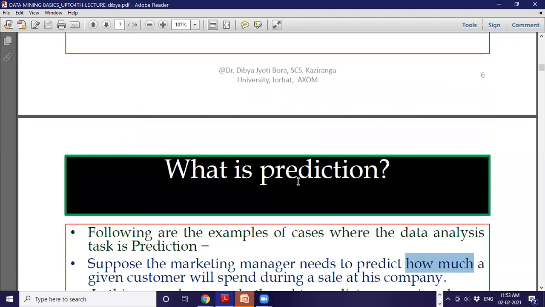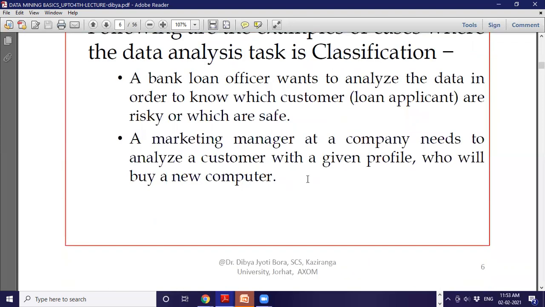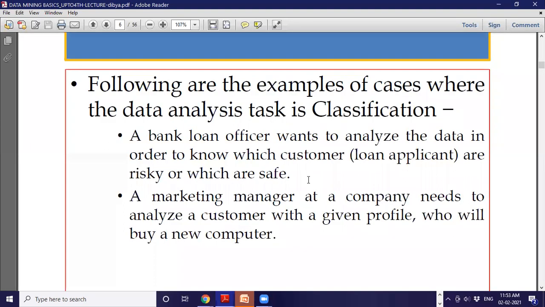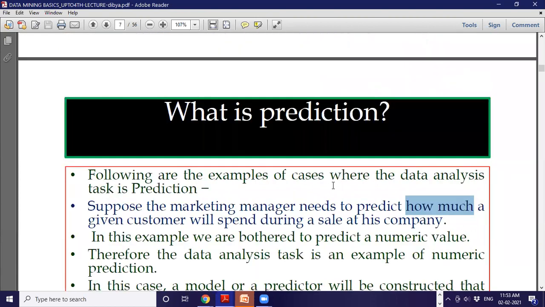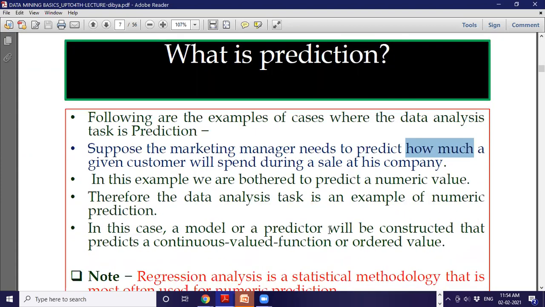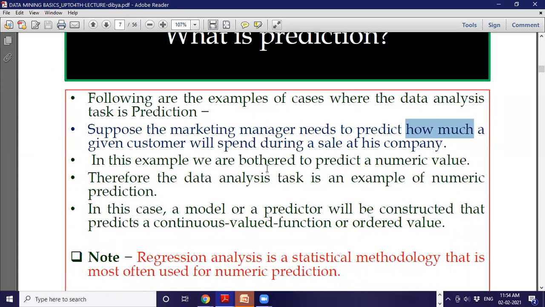In the case of classification, we are trying to determine the classes, the levels, right? But in the case of prediction, some numerical values are being found out, that is, how much a given customer will spend during a sale at his company. So we are trying to predict a numeric value. Please note that.